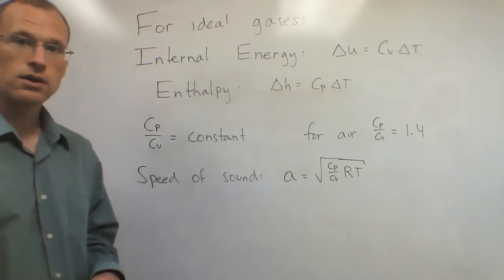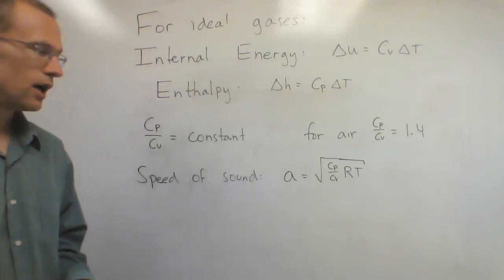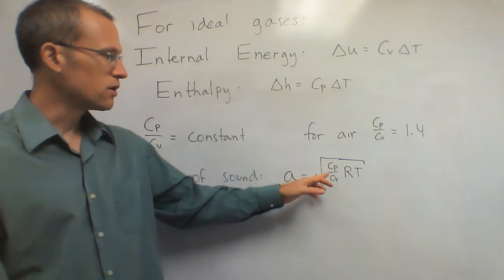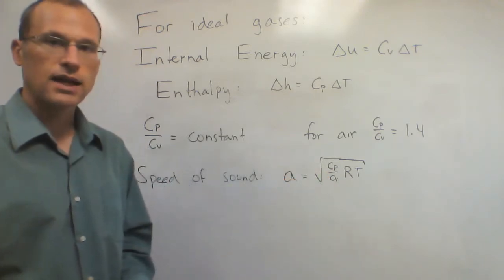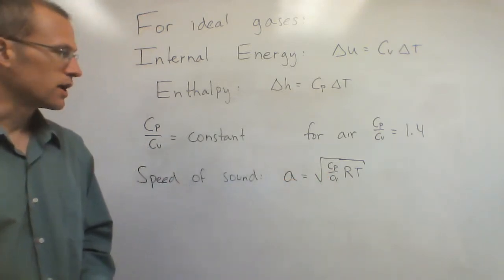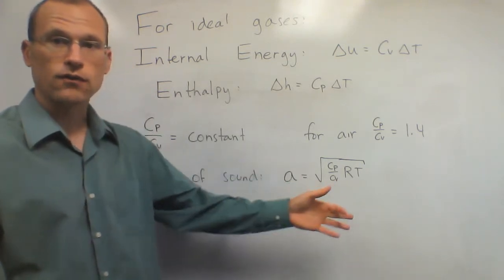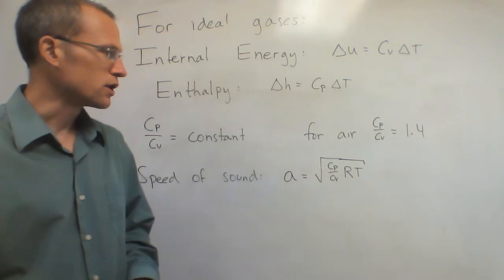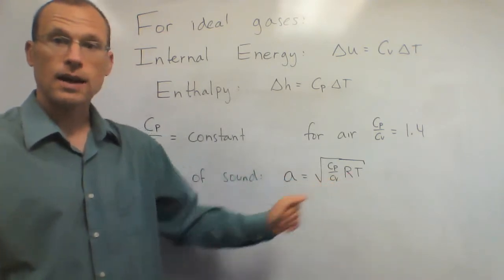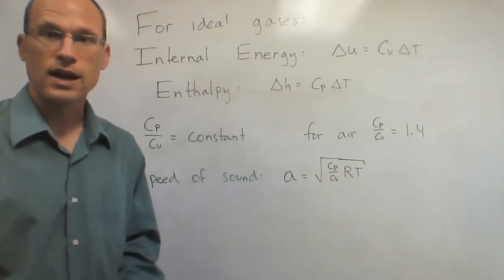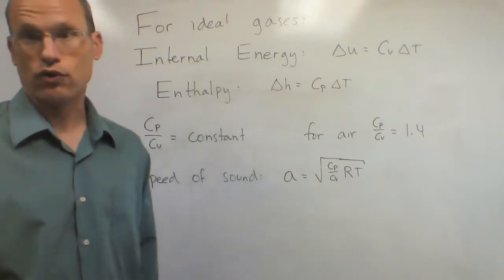And then speed of sound, last relationship, speed of sound A is the square root of this ratio, CP over CV, times that gas constant R times T. So again, for air, that'd be 1.4. The R value for air is 287 if we're in SI units, joules per kilogram Kelvin. And then the temperature, again, absolute temperature here. All thermodynamics need absolute temperatures in Kelvin or Rankine.